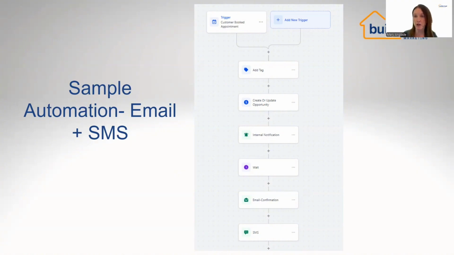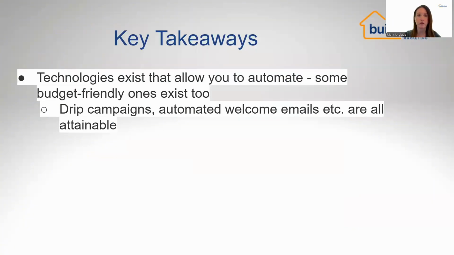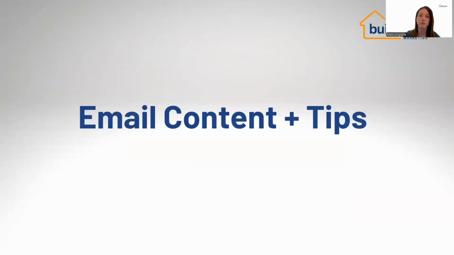We are able to do this, and it's all through automation. And again, you would need an army of people to do what the technology can now do for you. So, key takeaway, these technologies exist, they help you automate. Some of them are very budget friendly, and it's a very attainable channel and once again, a very important one.